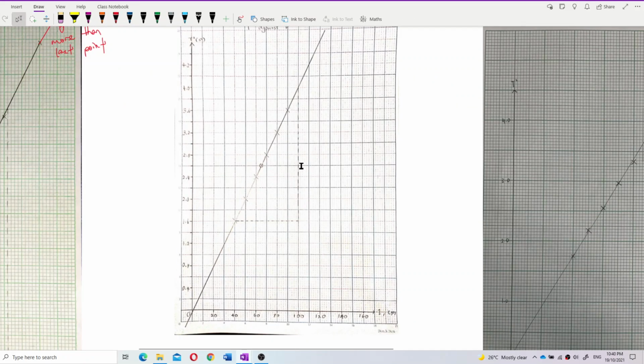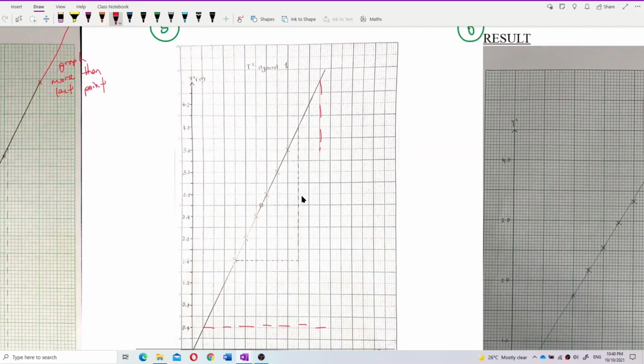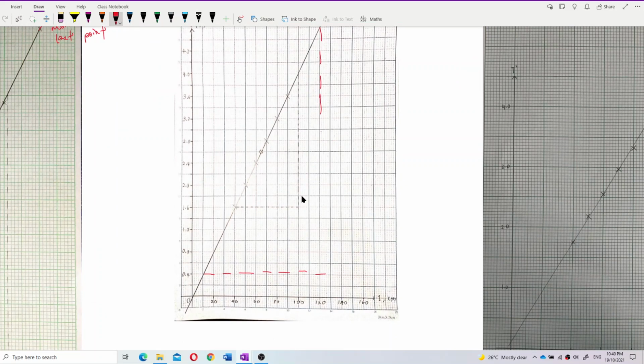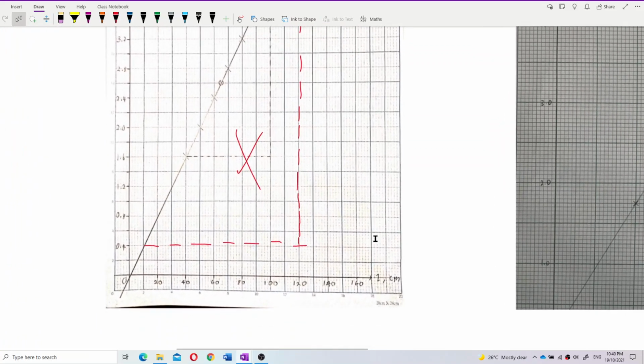Cannot just focus at the middle, must be more than that. Must be more than 50% dotted triangle, from here to here, the whole graph. Not just a small triangle. Okay?